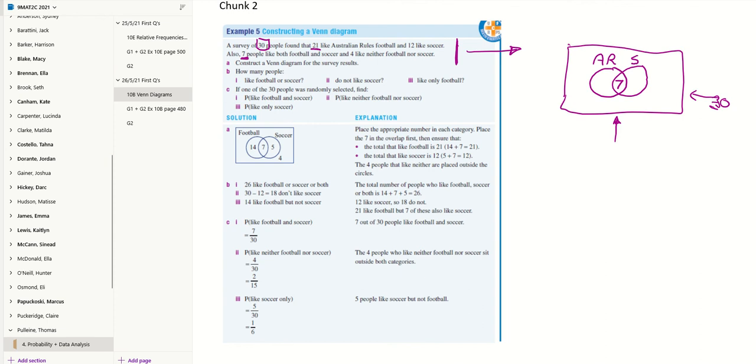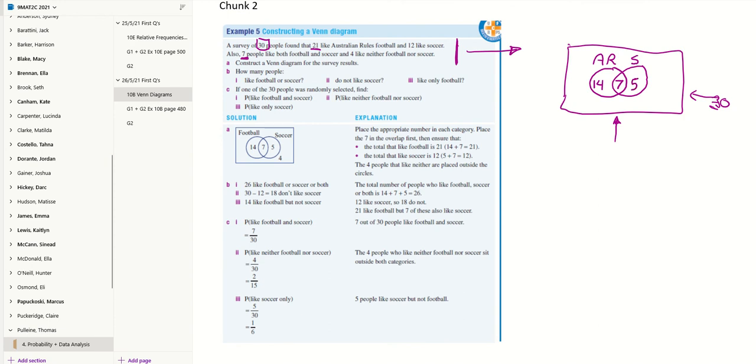So that's the total inside that circle on the left. We've already got 7 in there, so we just need to put the remaining 14. Now it says 12 like soccer, so inside our soccer circle on the right, we need 12. We've already got 7. Let's put 5 more.